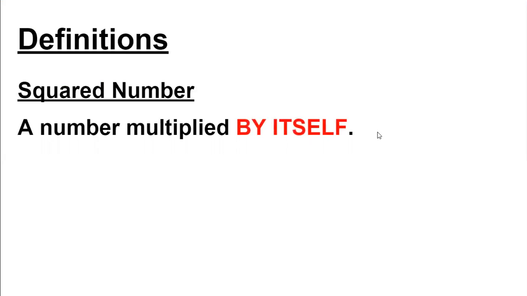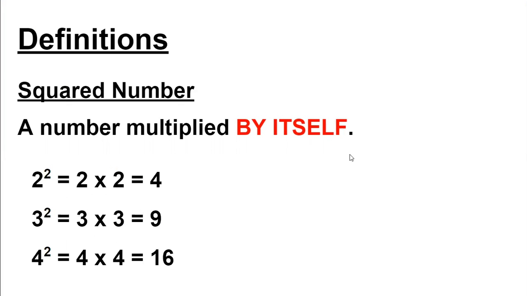A squared number is a number that is multiplied by itself. Not by the little exponent, but by itself. So for example, 2 squared is equal to 2 times itself, 2, which is equal to 4. 3 squared is equal to 3 times itself, 3, which equals 9.